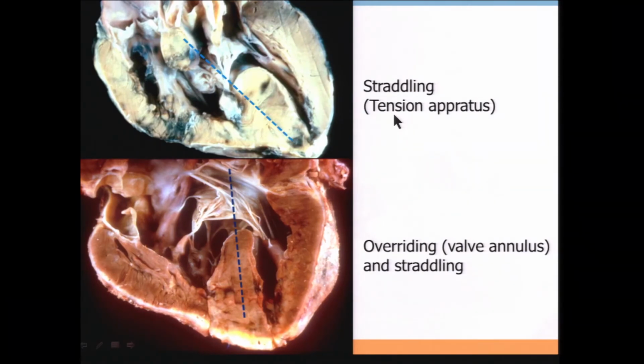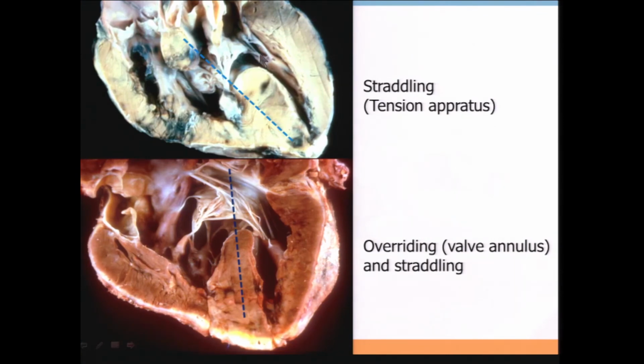Straddling means the tension apparatus is inserted to the other side of the ventricular septum. In this case, it's impossible to do septation. And overriding means that the valve annulus overrides the interventricular septum. In this case, there is the overriding of AV valve with straddling.